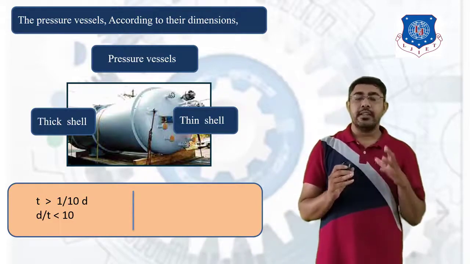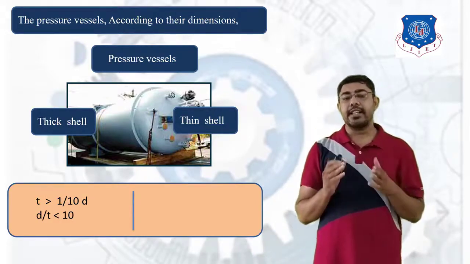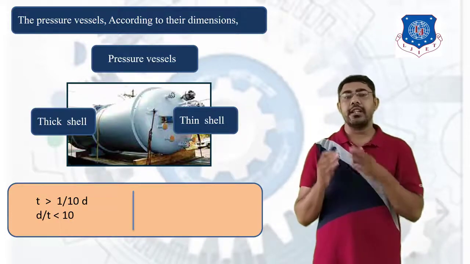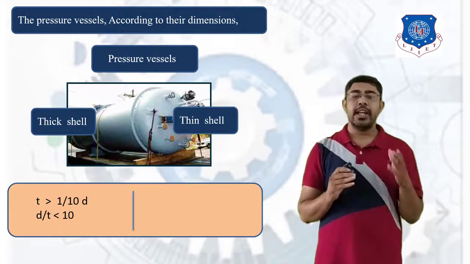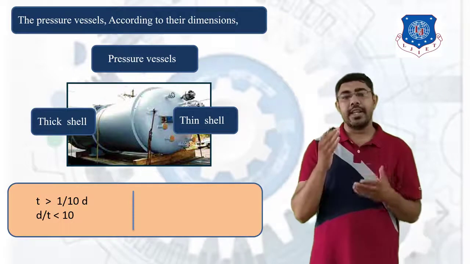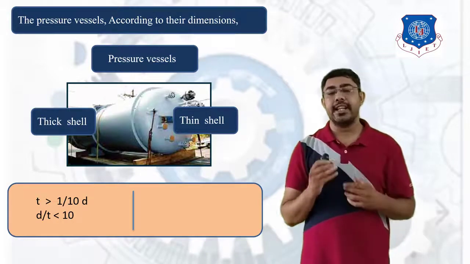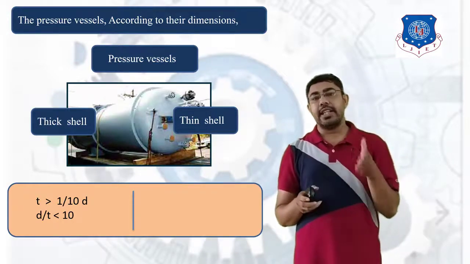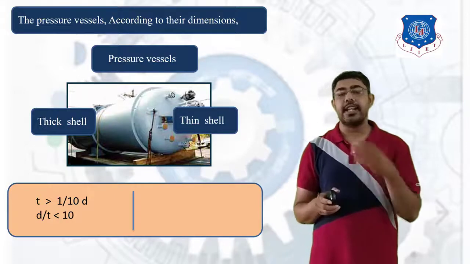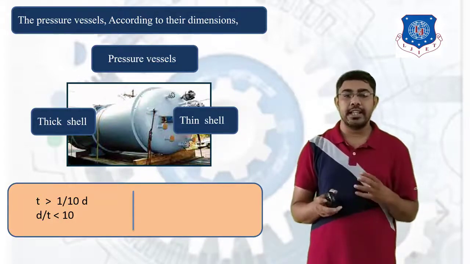So if t is greater than D by 10, the ratio D by t is less than 10. Whenever the D by t ratio is less than 10, the cylinder is a thick cylinder.